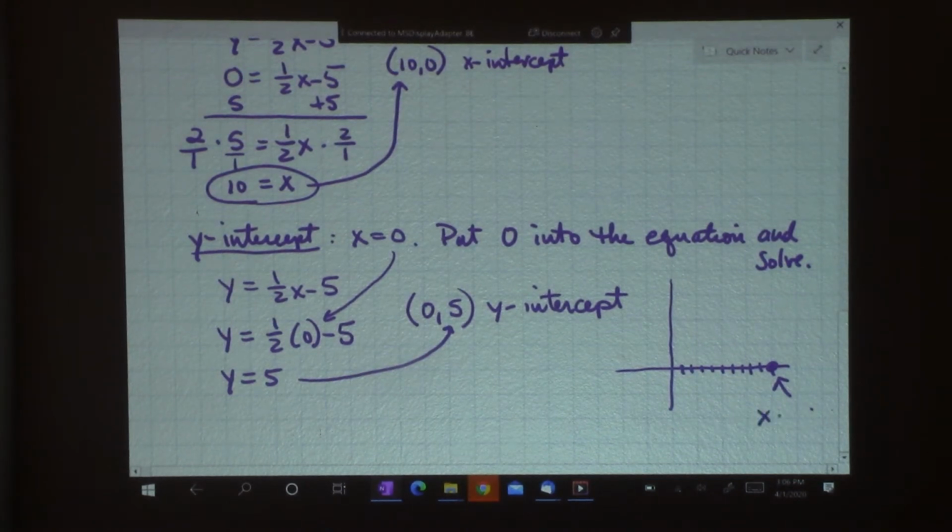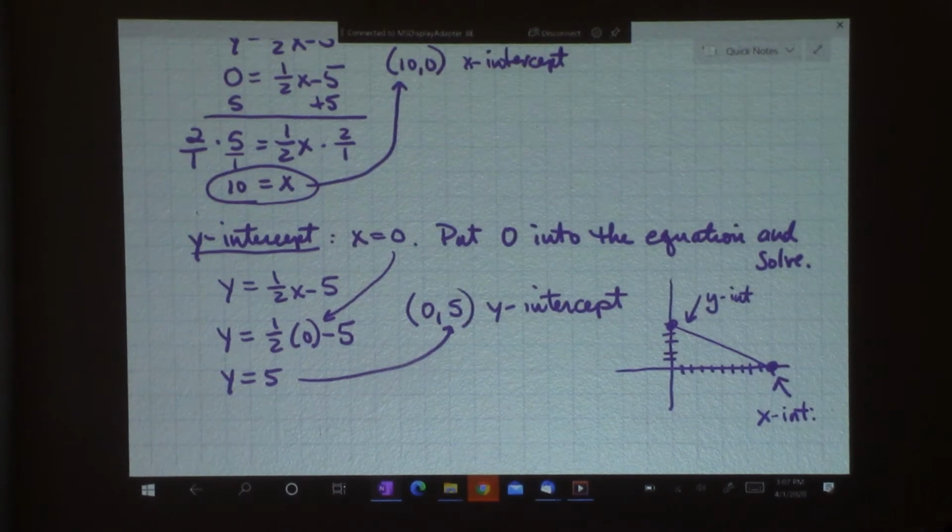I'm just going to say that's x, int period. And then 1, 2, 3, 4, 5. That would be here. And here is the y-intercept right there. So if I had those 2 points and I wanted to graph the line, I could just connect them. Super easy. This is a very helpful lesson.